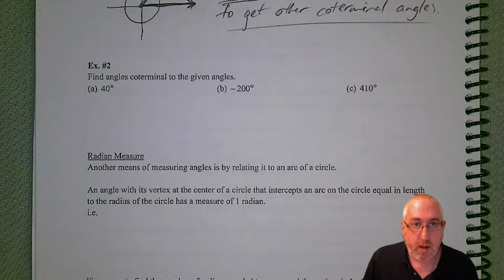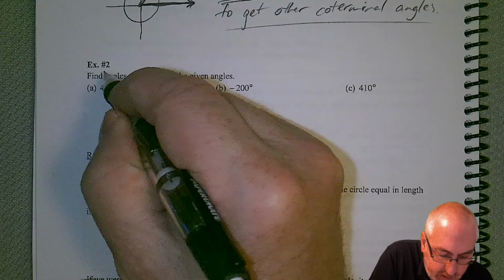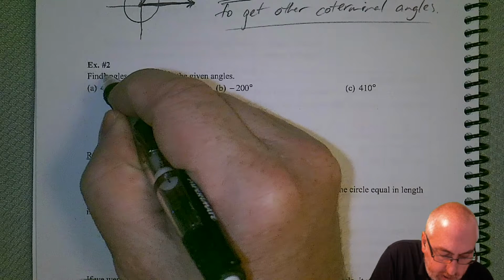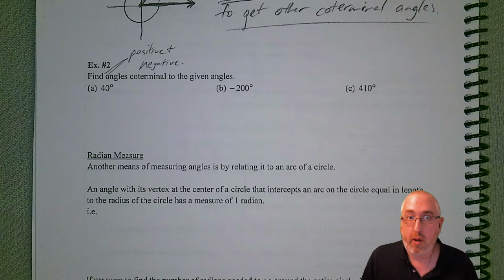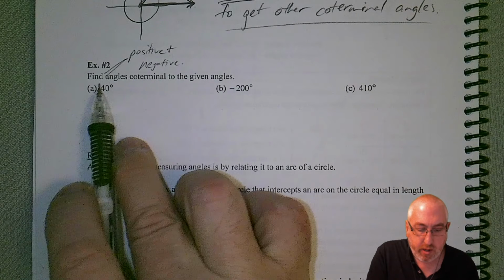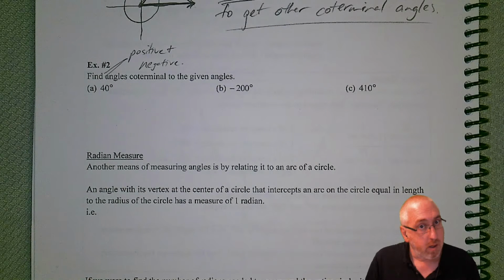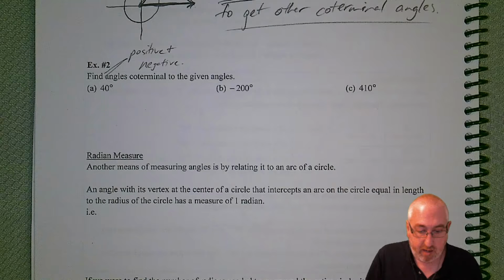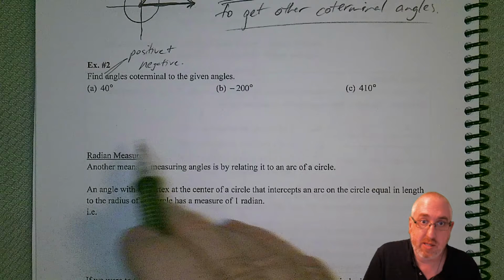Now this first question just says to find angles coterminal, but let's be a little bit more specific. Let's find a positive and a negative coterminal angle to the given angles. So if we are starting with 40 degrees and we want to get another positive coterminal angle, instead of going the opposite direction, we want to go positive, so let's add 360.